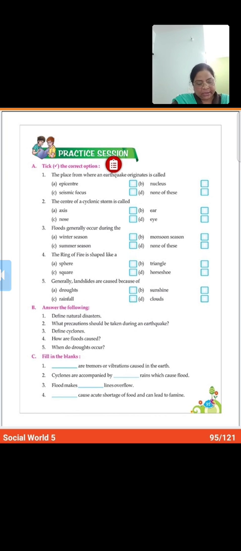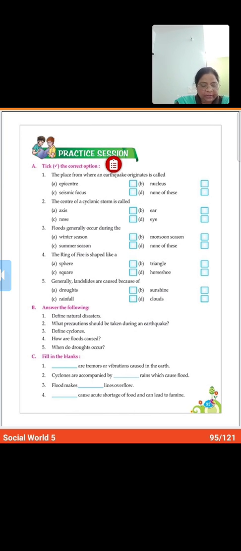Then fill in the blanks. Dash are tremors or vibrations caused in the earth. That is earthquakes. Then number 2, cyclones are accompanied by dash rains which cause flood. That is torrential. Torrential means violent, heavy. So you will write torrential.